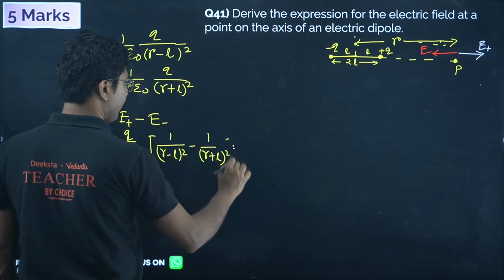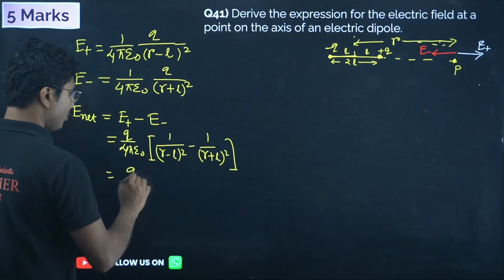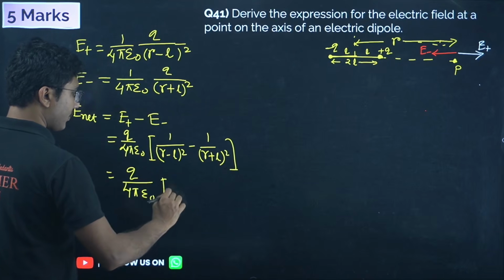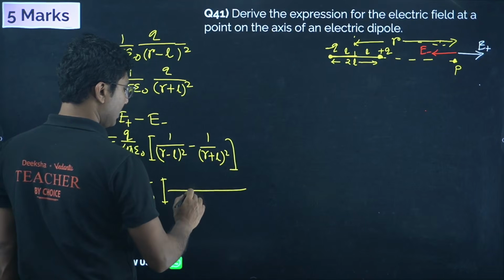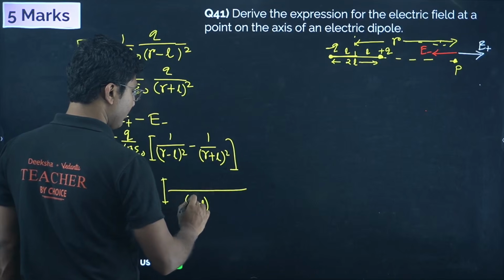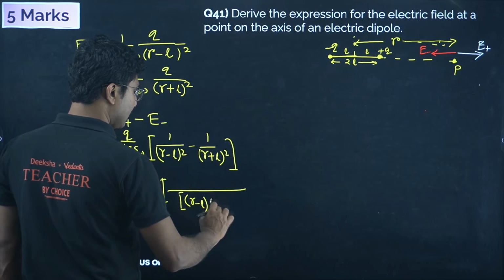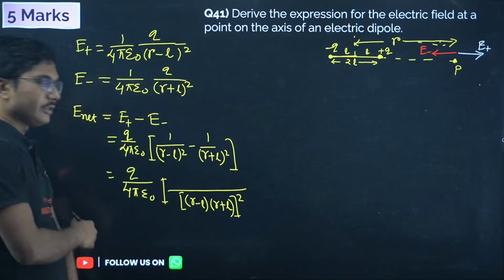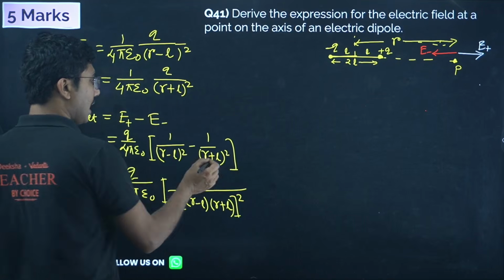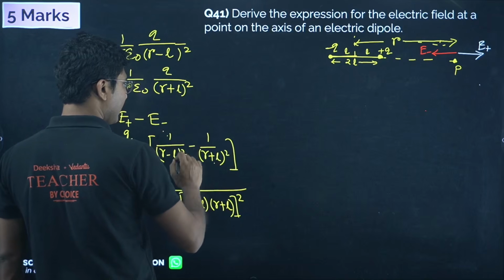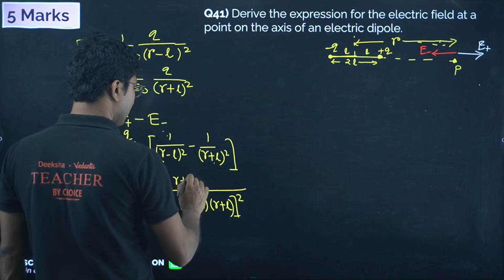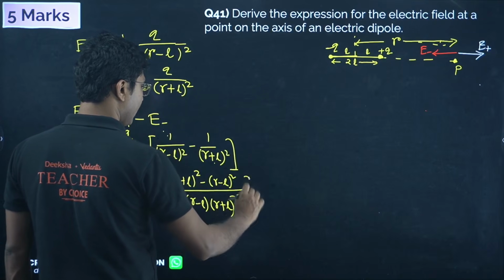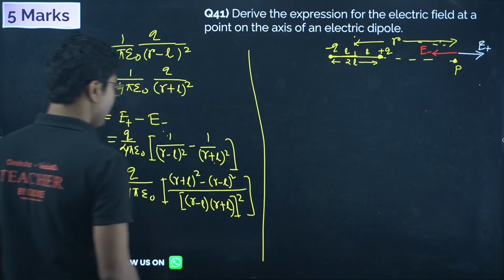Now you have to simplify this, so you can write q by 4 pi epsilon naught, the multiplication will be (r minus l) whole square into (r plus l) whole square, or we can say (r minus l) into (r plus l) over whole square, and this will come over here, cross multiplication, right? So (r plus l) whole square minus (r minus l) whole square.